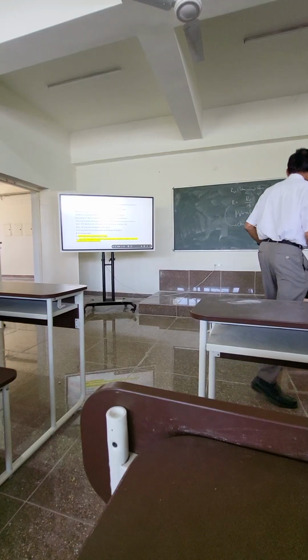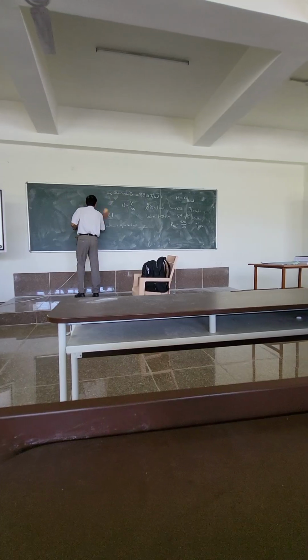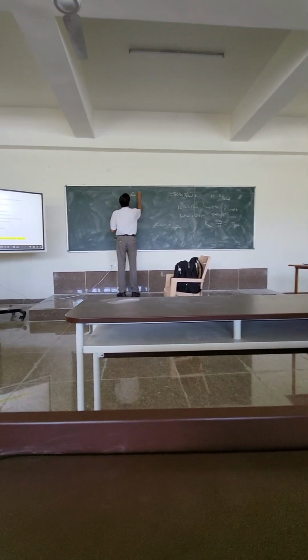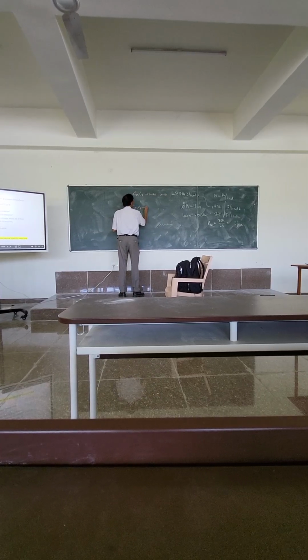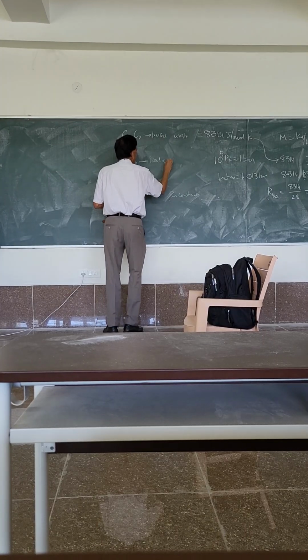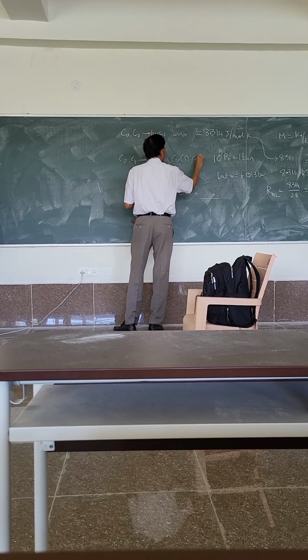Let me remove this and write it down for you, to recapitulate. For perfect gases, Cv and Cp are constants. For ideal gases, Cv is a function of temperature and Cp is a function of temperature.